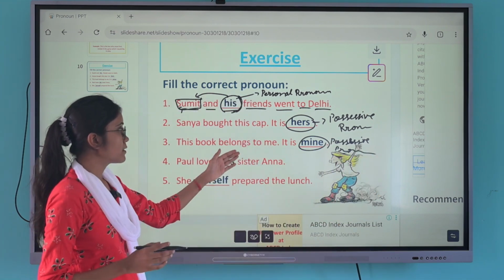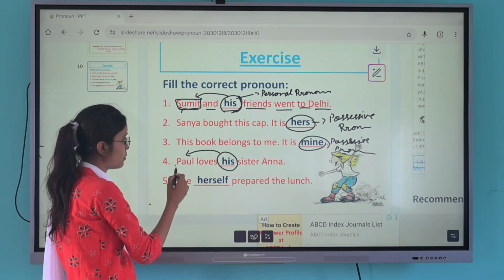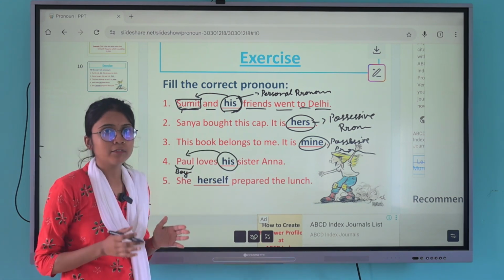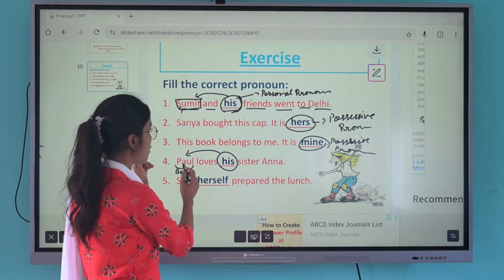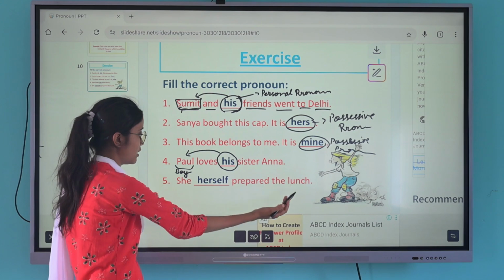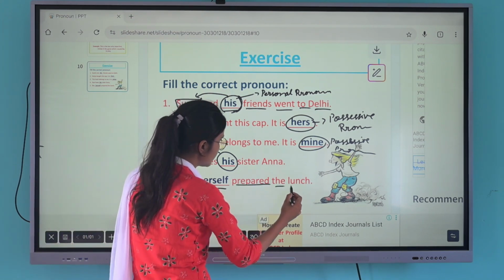Paul loves his sister Anna. Okay, so his is for Paul. Paul is a boy, and for boys we always use his. So Paul loves his sister Anna. Okay, the next one is: she herself prepared the lunch.